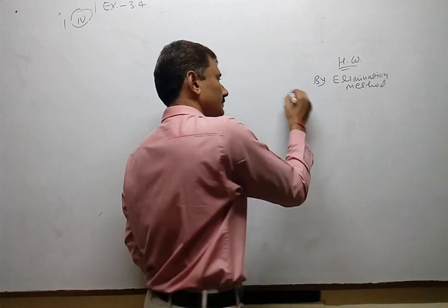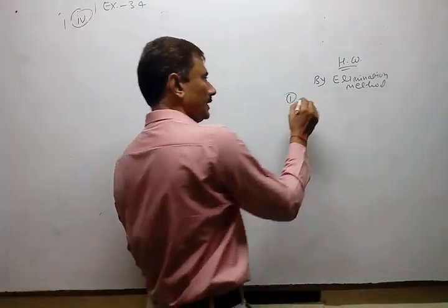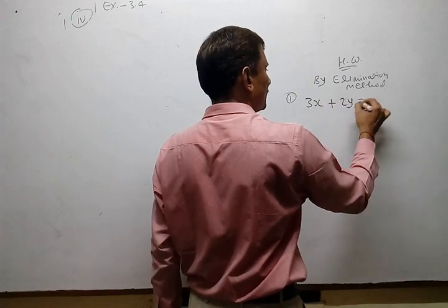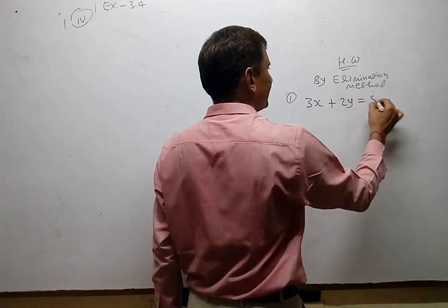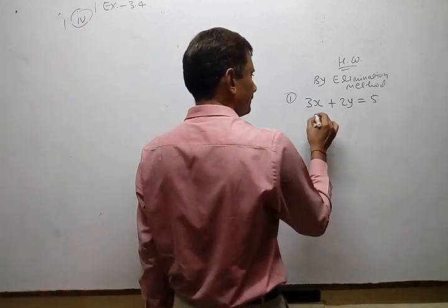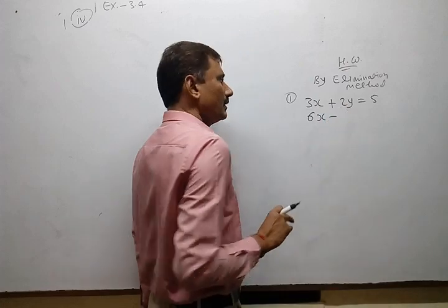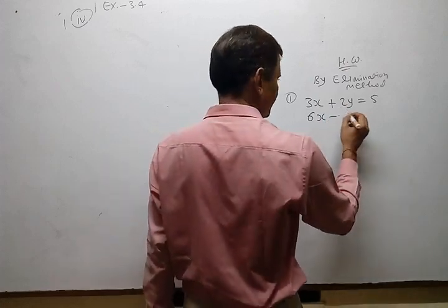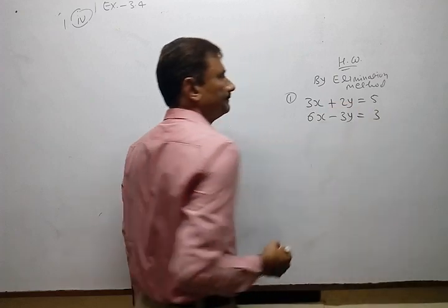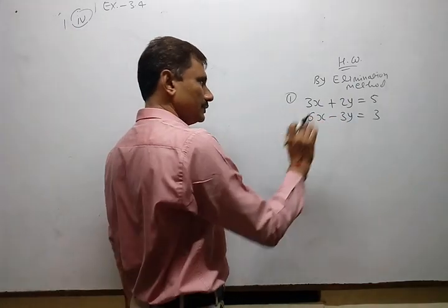Okay, first equation: 3x plus 2y equal to 5. 6x minus 3y equal to 3. Okay, so what you have to do, you decide.